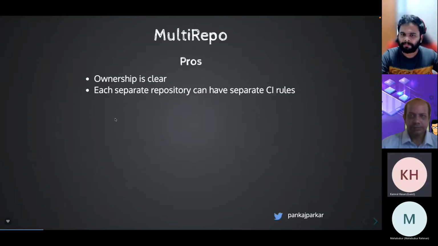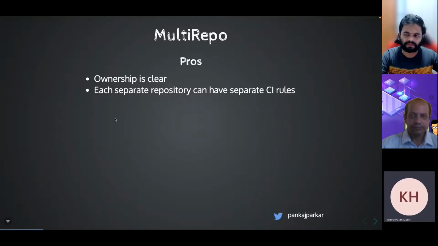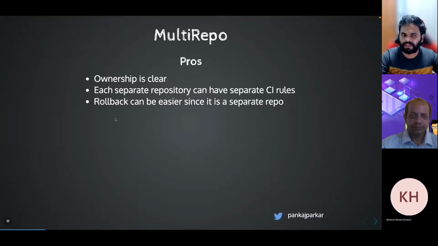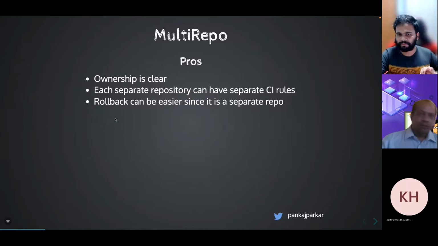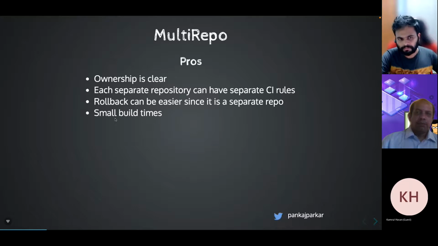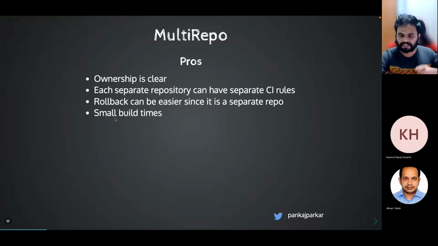Also, for each separate repository, you can set up CI rules that run on that particular repository. That is also clear. Rollback also becomes very easy because it's a single repository, right? Going back to the old version can be very easy by following Git flow or GitHub flow standard. Also, since it is a separate repository, it comparatively takes less build time. Okay, so that was the pros.